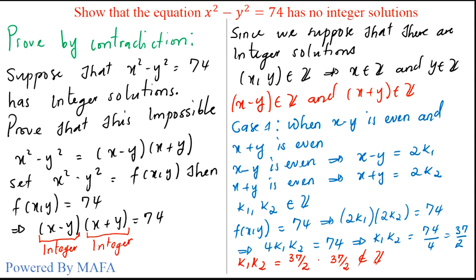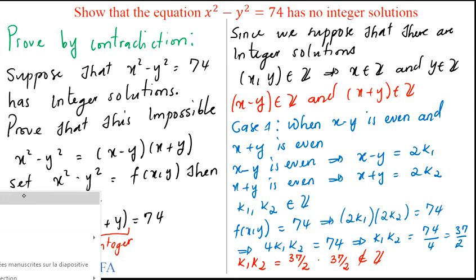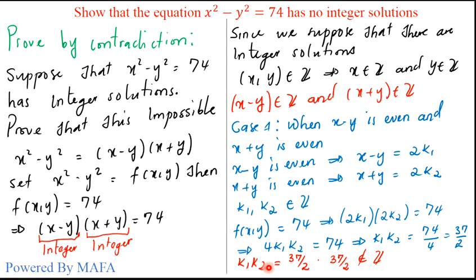But in this case, we are having the product of two integers k1 and k2 to be equal to 37 on 2, which is not an integer. So k1 and k2 are not integers, whereas our definition says they are integers. So that is a contradiction. So you see the first case has worked for our proof by contradiction.